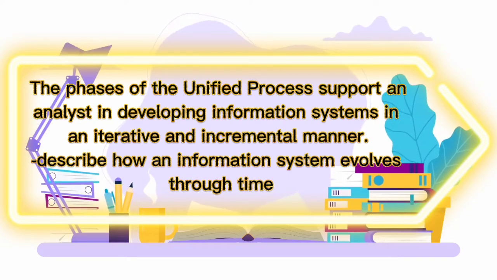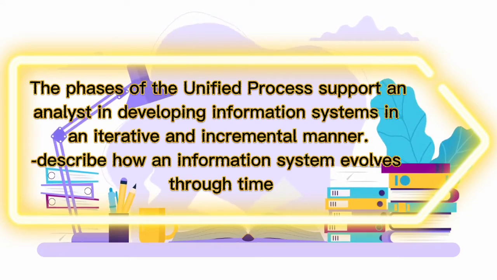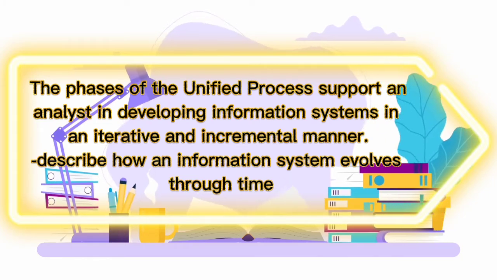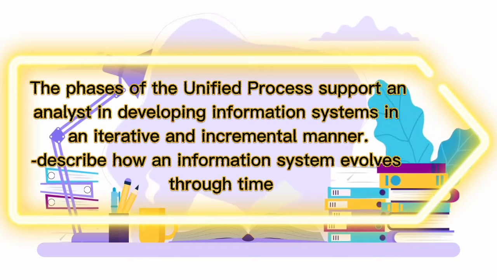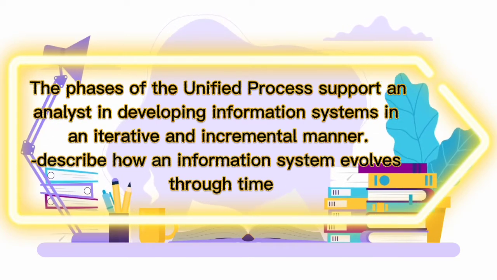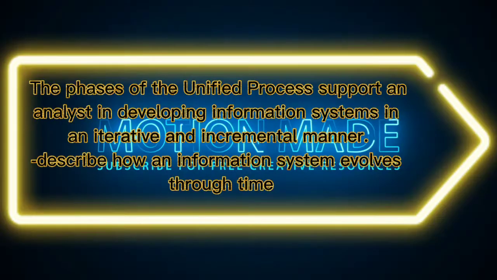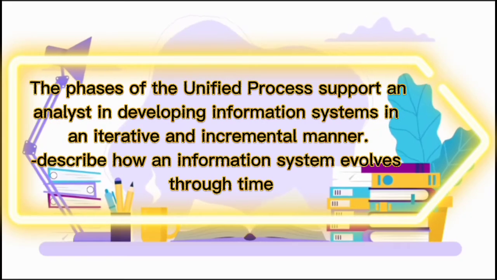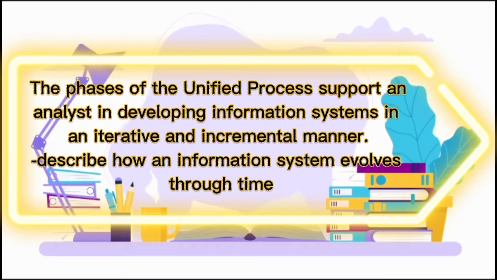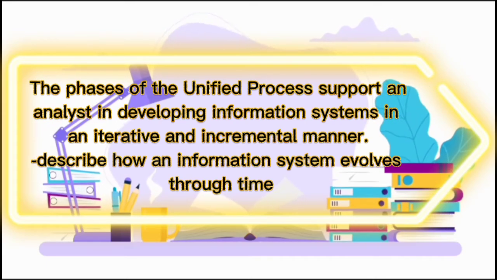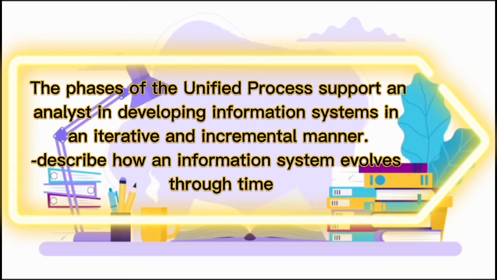As a system evolves through the phases, it improves and becomes more complete. Each phase has objectives, a focus of activity over the workflows, and incremental deliverables. Each of the phases is described next.